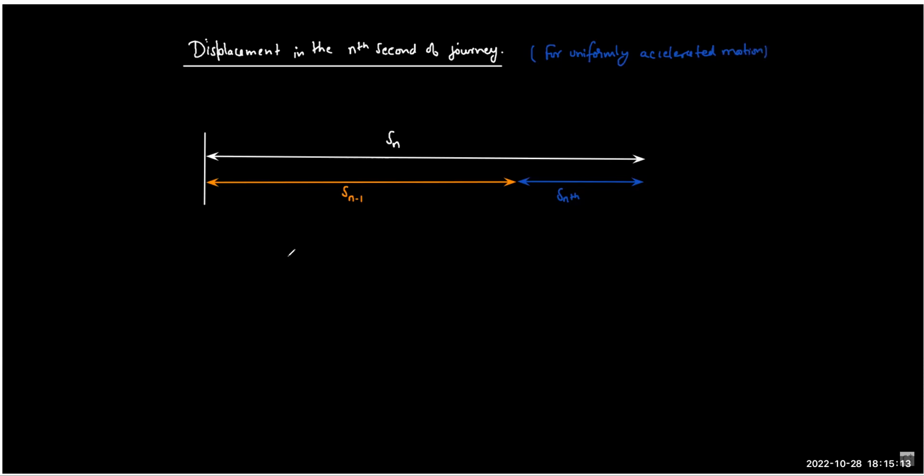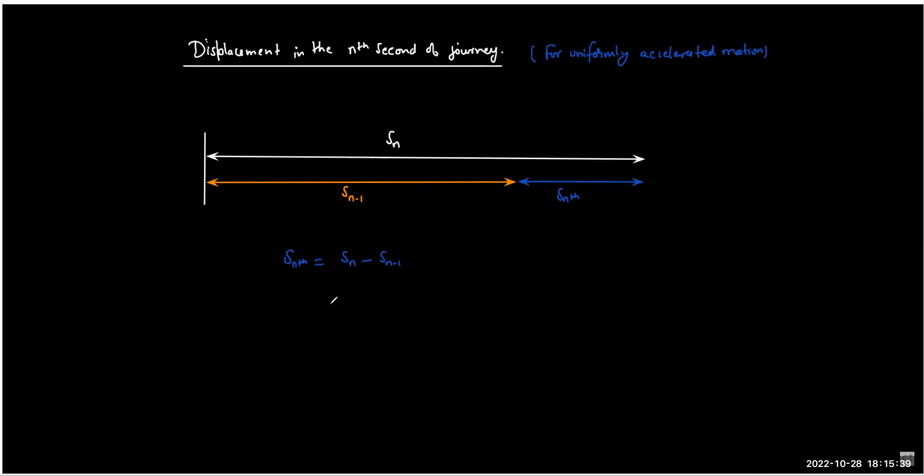So how to get the nth second answer? What should we write here? S nth equals to, guys, how much? Sn minus Sn minus 1, right? And what is the meaning of Sn? The displacement in n seconds in total.